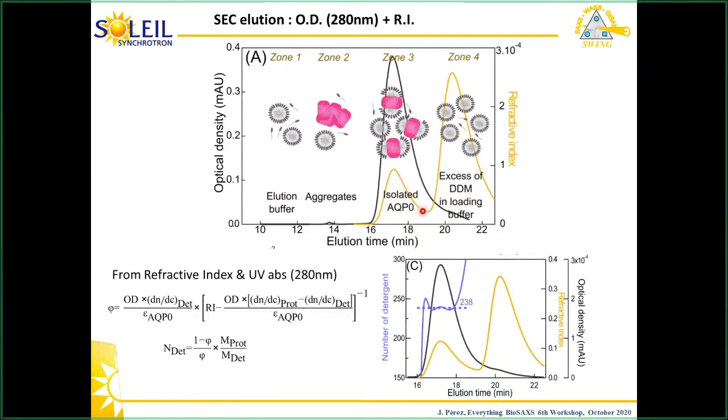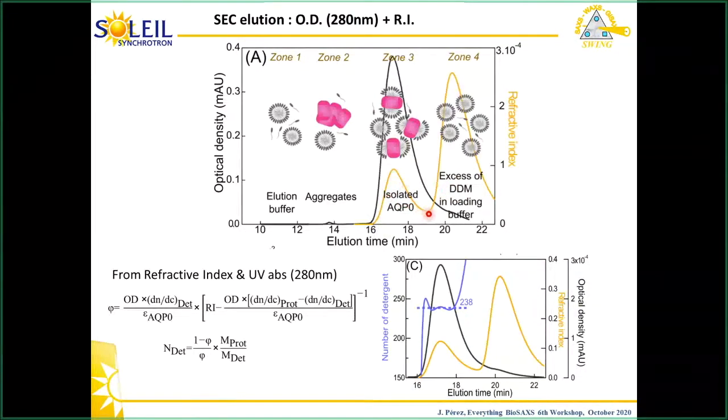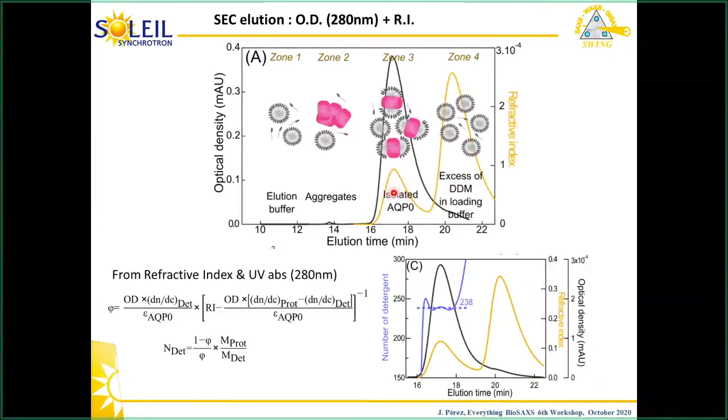But this can only be seen using the refractometer because they don't absorb UV light. So this is why it is also important to have this refractometer, to be sure that the two peaks, the peak of protein and the peak of free micelles, are eluted separately.